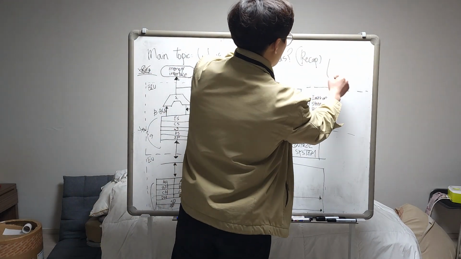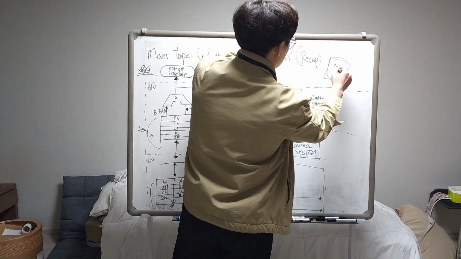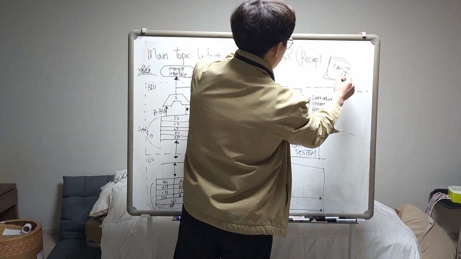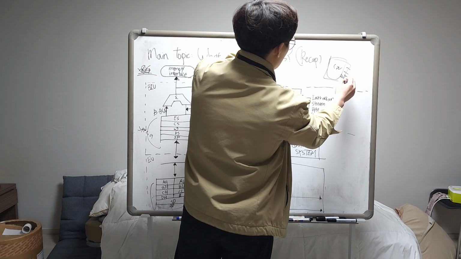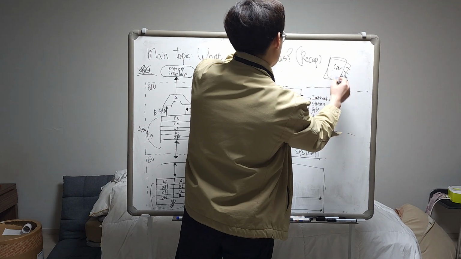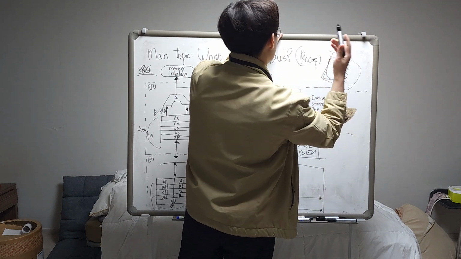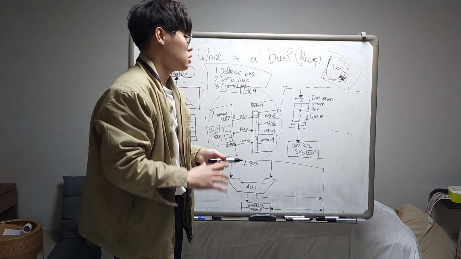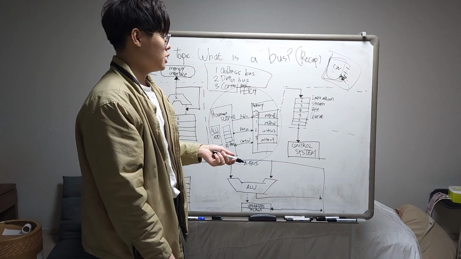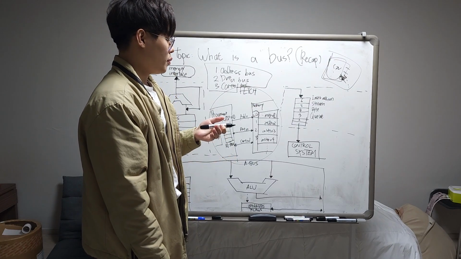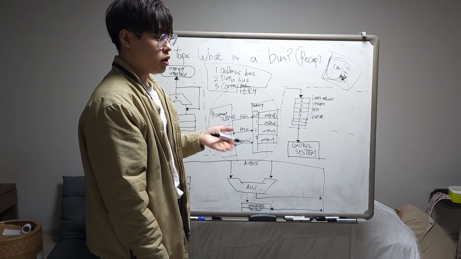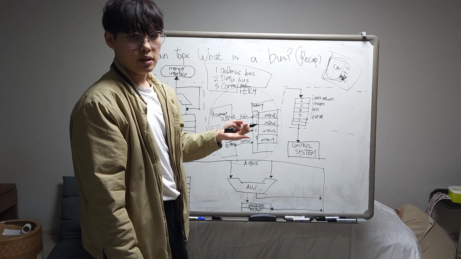If there's a CPU and there's a pin for read or write and those kinds of things, that's a control signal, and it can be different based on the processor's specification. But normally there are read and write.